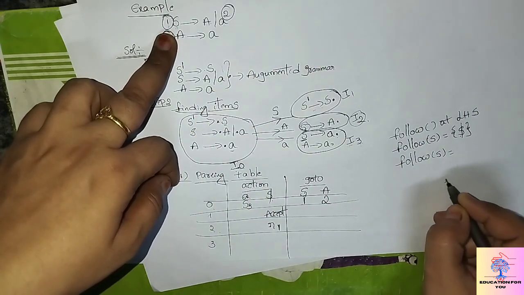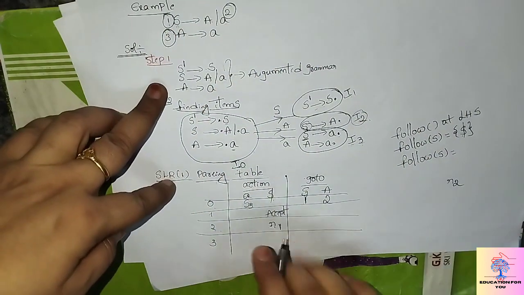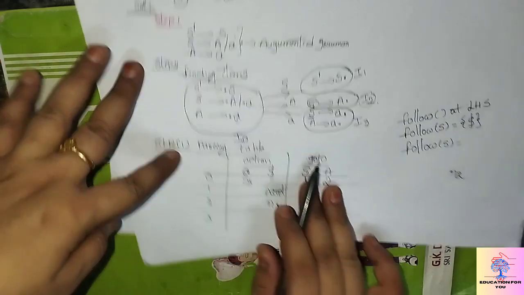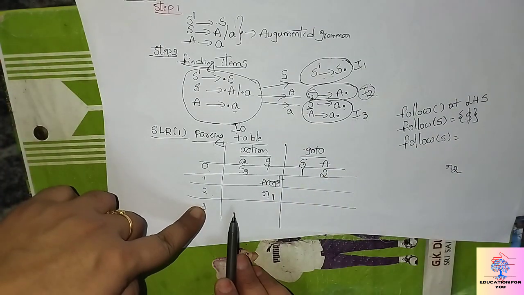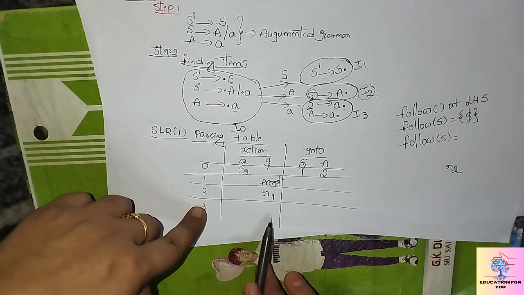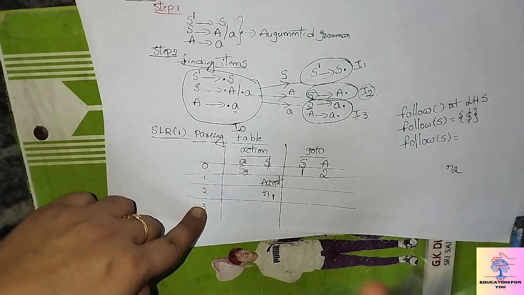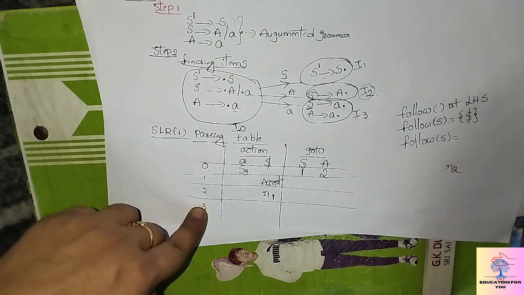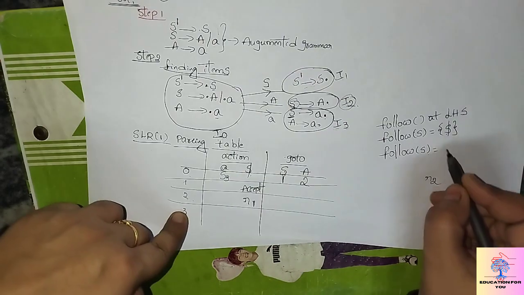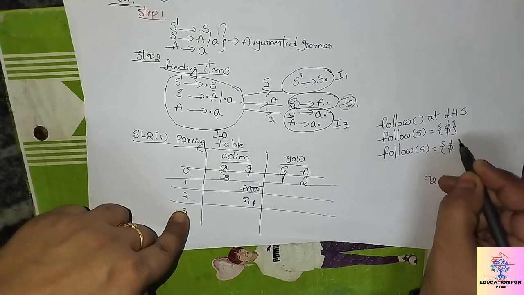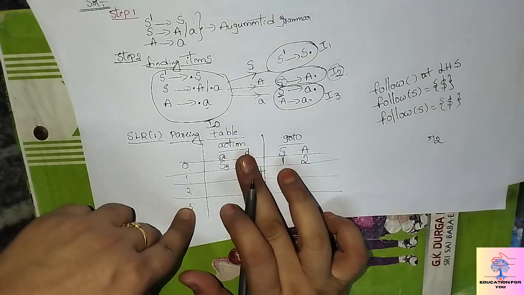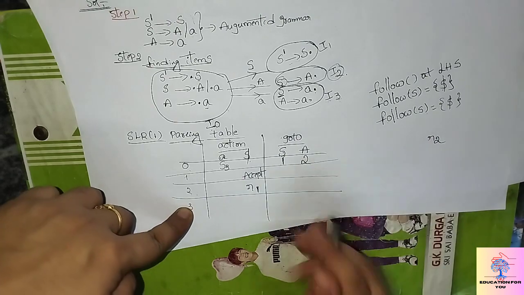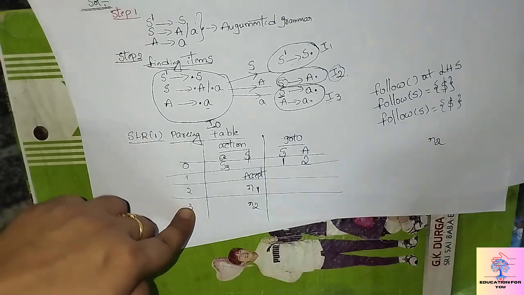So that is R2. Which state is it? I3. Where do you have to mention R2, at a or $? That depends on follow of S. Because here follow of S means what? $. So at the $ position you have to mention R2.